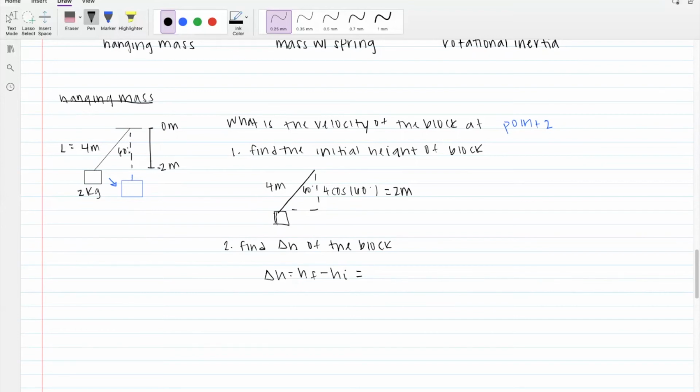So its final height, I know it's not very drawn to scale, is going to be the length of the string, which is negative 4 in this case. So negative 4 meters minus negative 2 meters gives us a change of negative 2 meters. So the block drops a height from minus 2 meters to minus 4 meters.